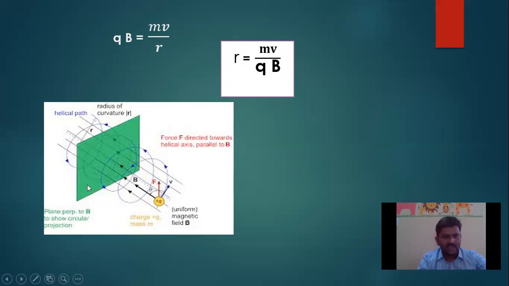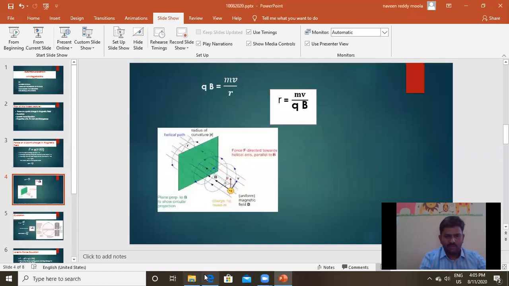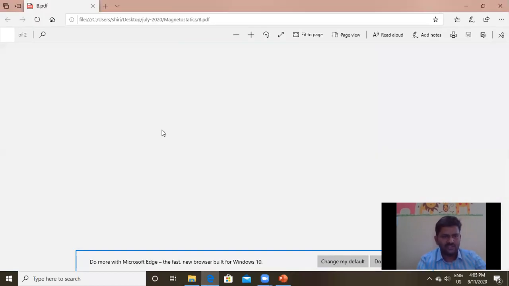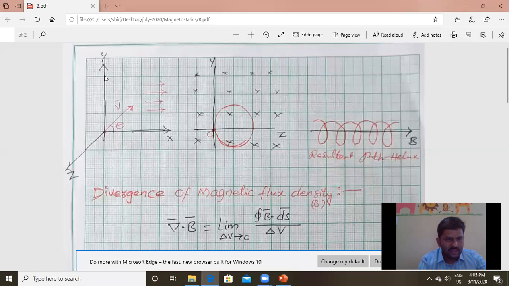We'll see that in this picture. You see, this is the direction of the magnetic field. Let me take the spotlight to show you. Okay, this is the direction of the magnetic field.